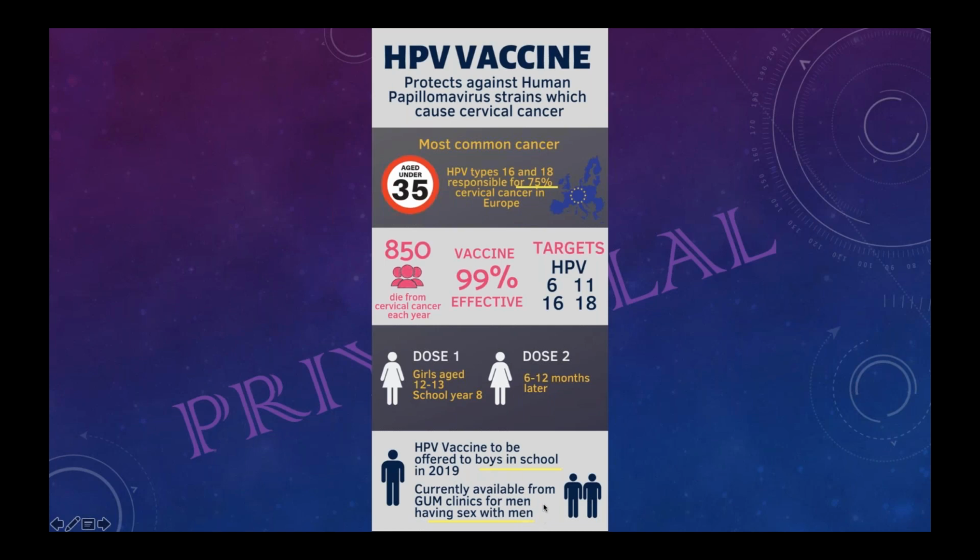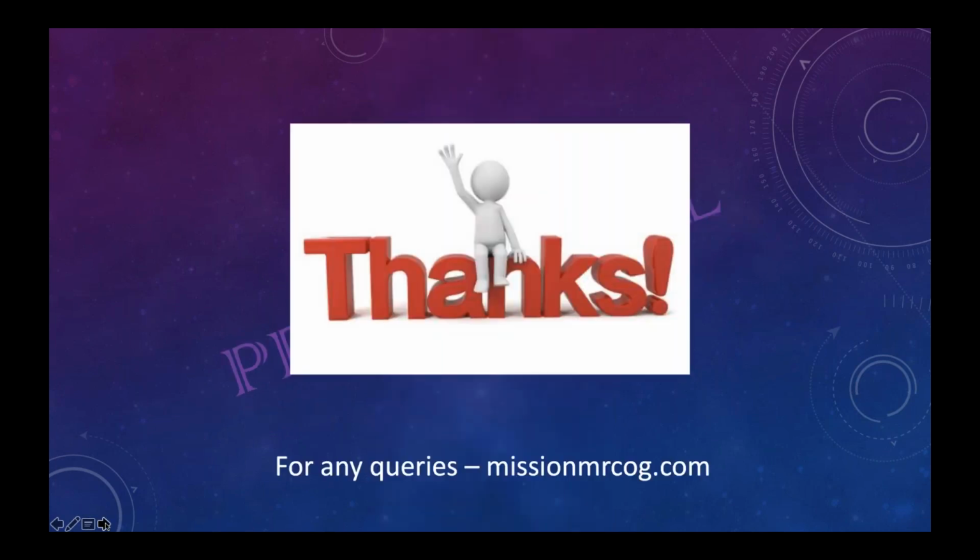And if there are men who have sex with men, they will get the vaccine at gum clinics. Okay, so this I just put for visual memory. Now with this, ma'am, MSM, men who have sex with men, can take the vaccine under 45.